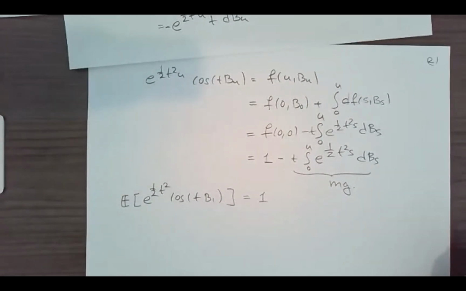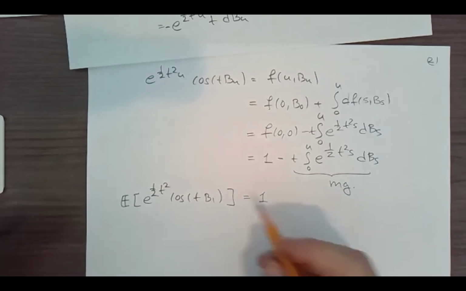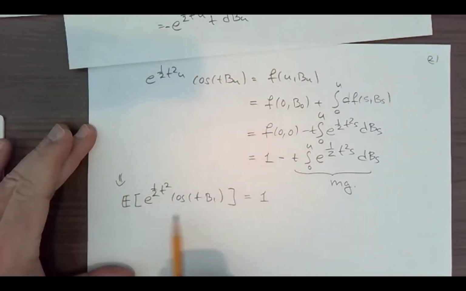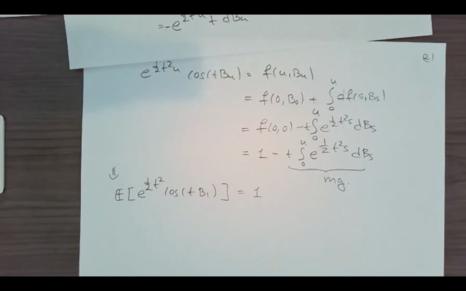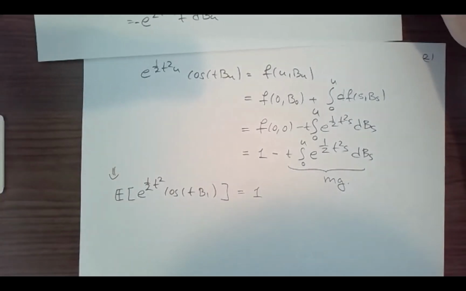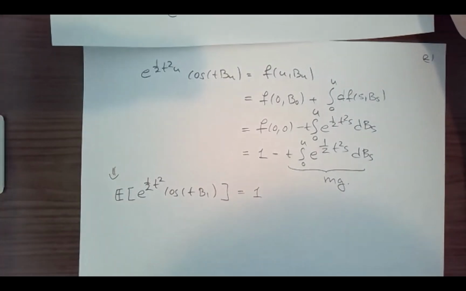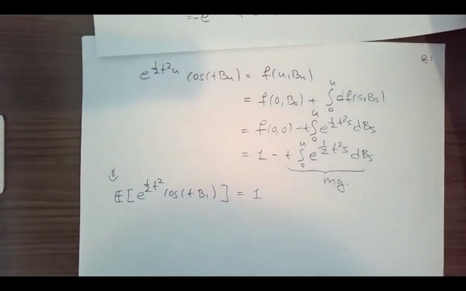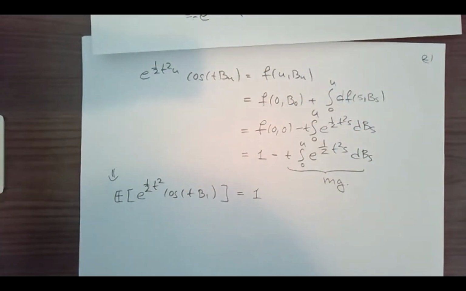This here is equal to 1. So all this stuff up there implies that I was able to compute what the expectation of this quantity here was. Any questions or comments on these martingale calculations that we've been doing?